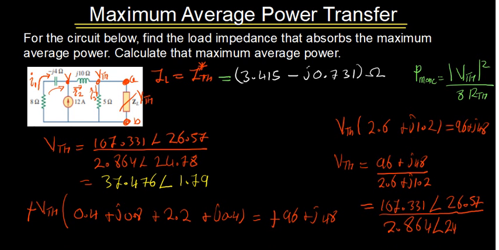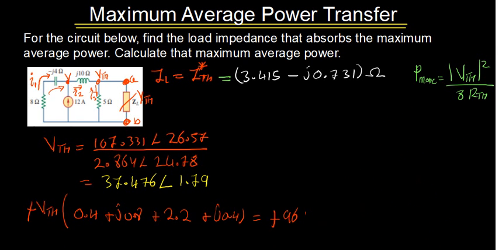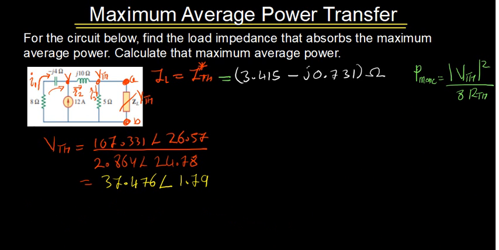Okay, so now to come up with my maximum power, I have everything that I need. I'll say maximum power, or P max, is equal to the absolute value of what I have, which is this one, which is already positive.